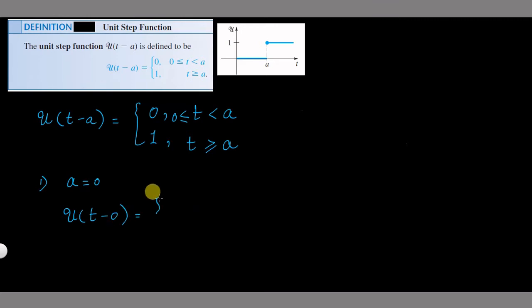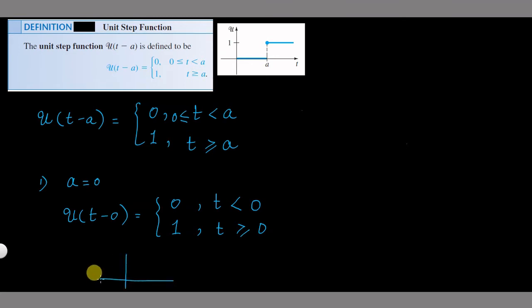Obviously, if a is 0, then whenever t is smaller than 0, the answer of the function will be 0, and the answer will be 1 whenever t is greater than or equal to 0. And we will see how the graph of this function is represented.